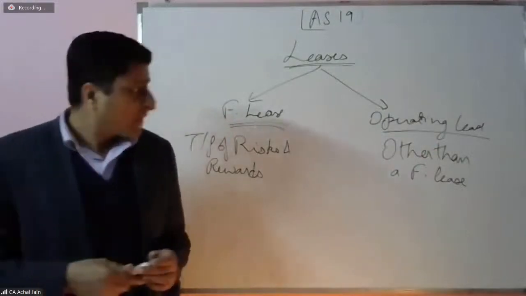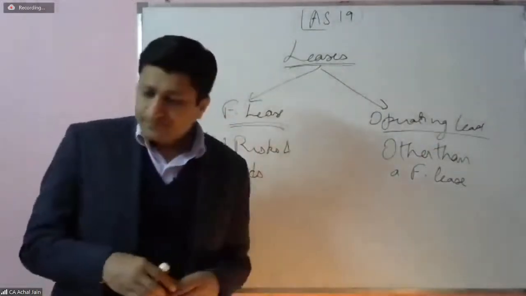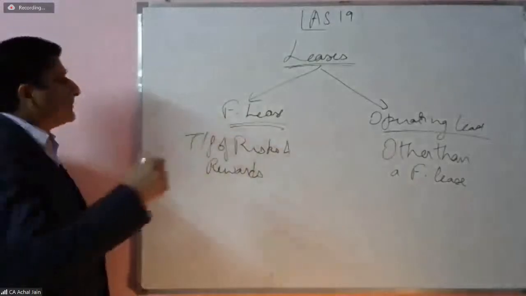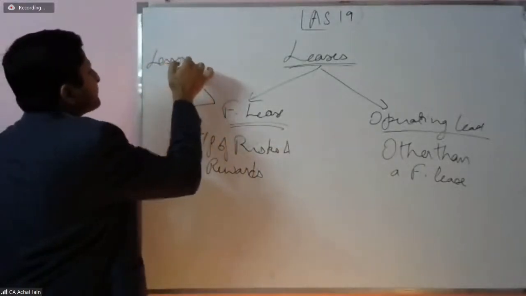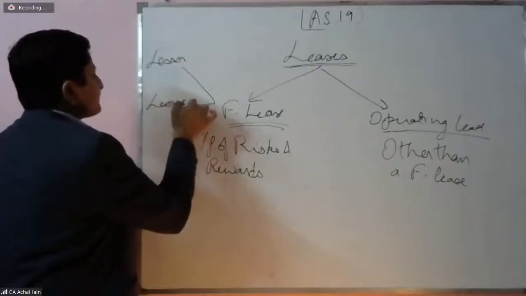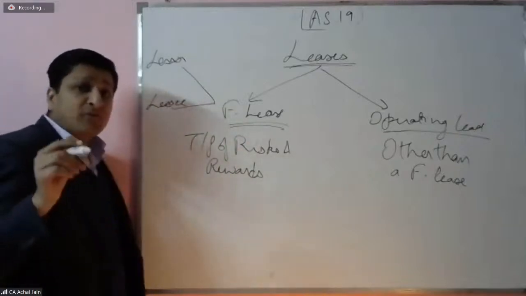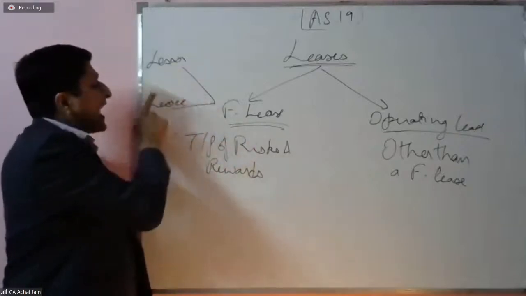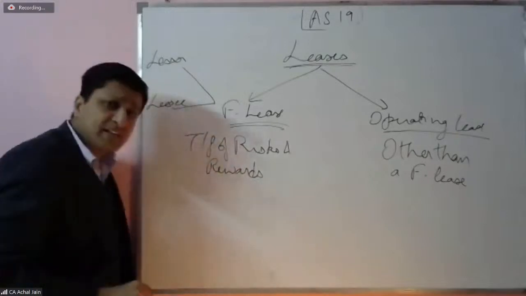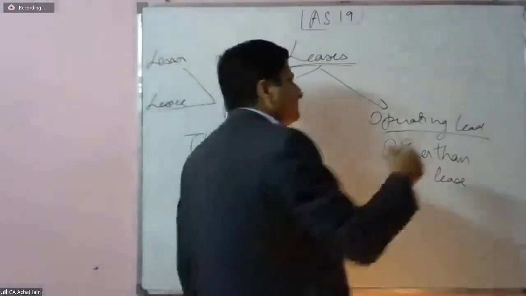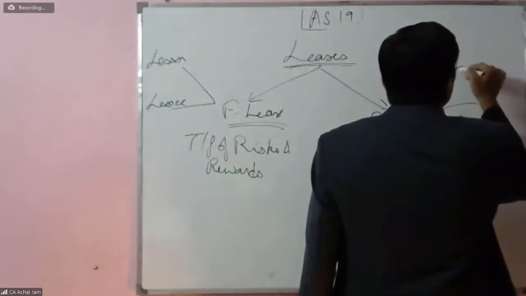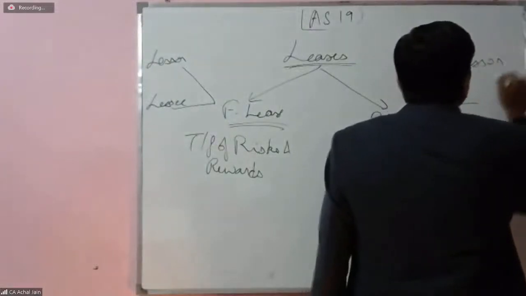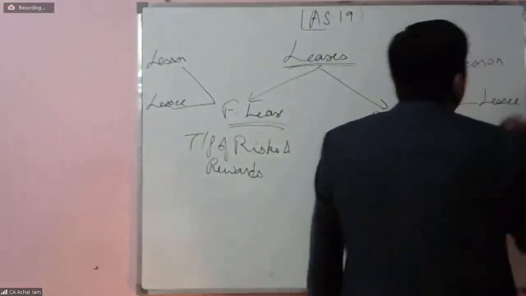When it comes to accounting, please remember, in case of finance lease, we'll have lessor and lessee. So we will have to look at the accounting of lessor as well as lessee in case of finance lease. Similarly, in case of operating lease, we will have a lessor and lessee.